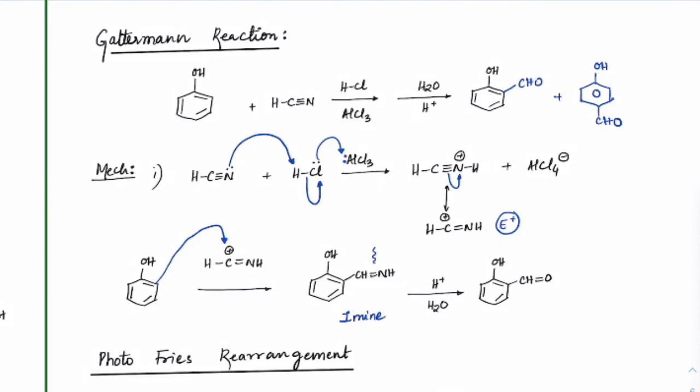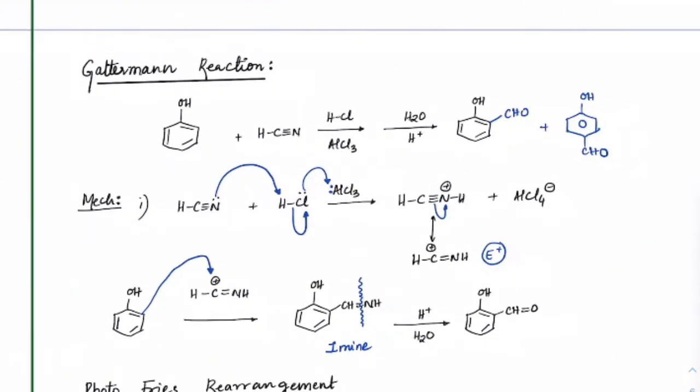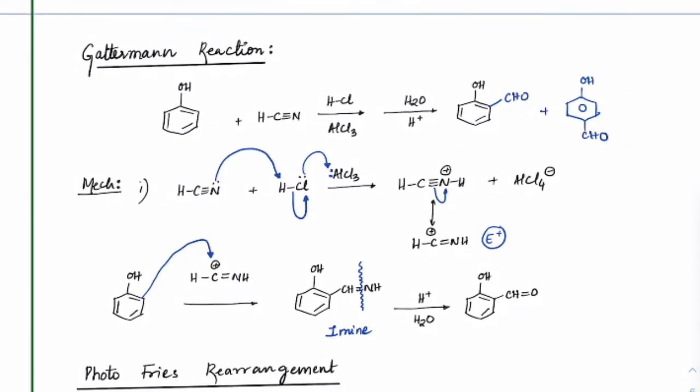Imines on hydrolysis will always break the carbon nitrogen bond, and that will make C double bond O. So that's how we will get this reaction. So the Gatterman reaction or Gatterman-Koch reaction, both of them are giving the same products, the reagents are different. In Gatterman-Koch we are using carbon monoxide, while here we are using HCl.